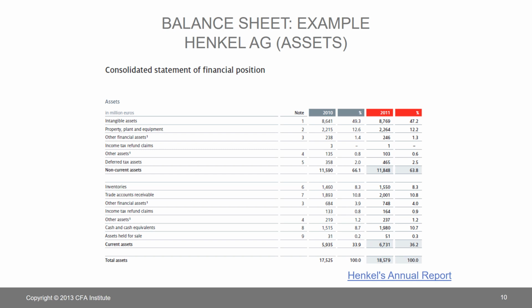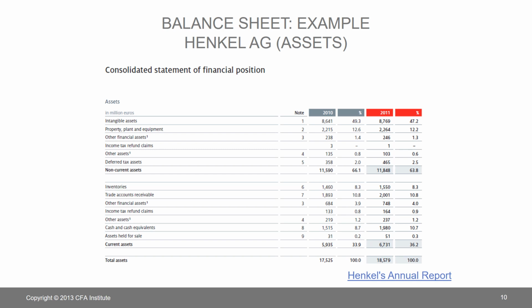Here we look at an example for Henkel Company. This is going to enable us to compare and differentiate between this balance sheet of a European company that follows IFRS, with an American company, which was Colgate-Palmolive, that uses GAAP standards.